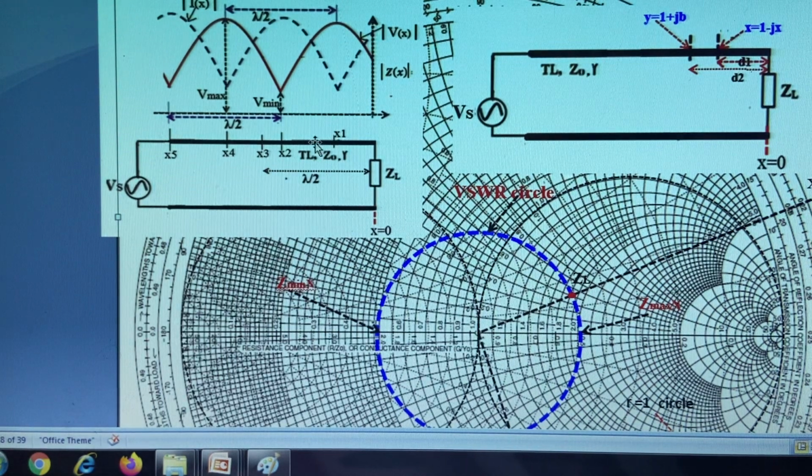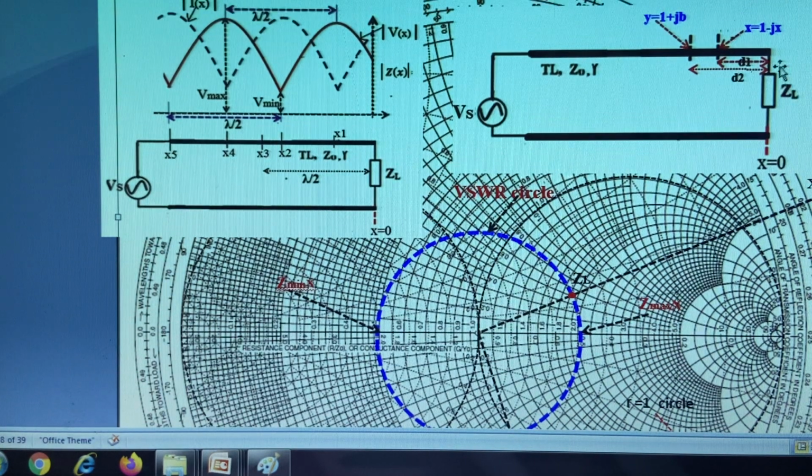And at some positions, the normalized impedance over the transmission line may be of the form 1 minus jx, or the admittance may be of the form 1 plus jb. We can find out at what distance that impedance is, at what distance that admittance is, from the Smith chart.